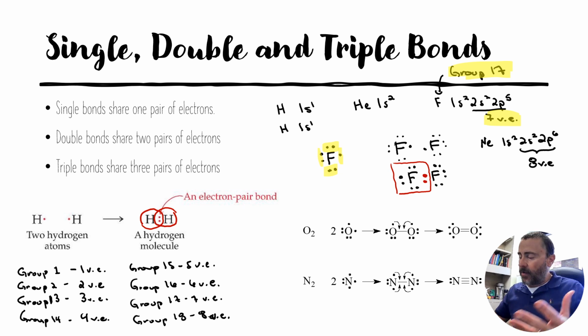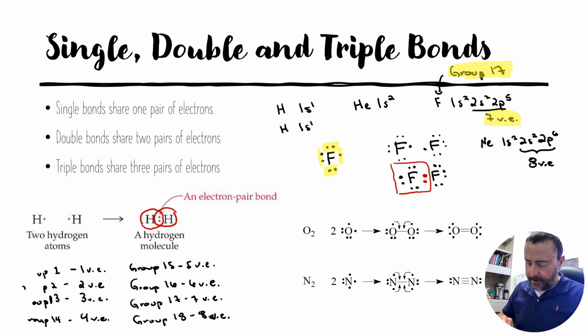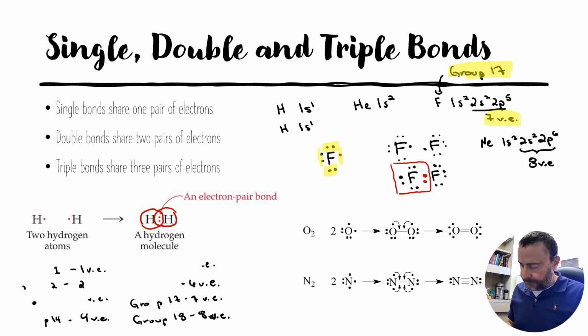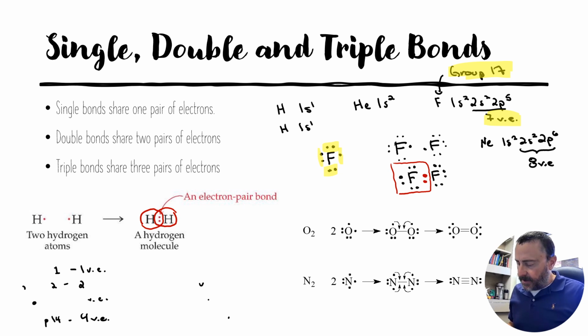All right. Now, when it comes to double bonds and triple bonds, this is where we're going to share more than just one pair of electrons. So if we look at our oxygens down there, notice that they are sharing multiple electrons to get double bonds.